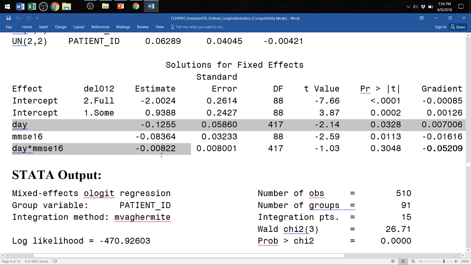More negative, or stronger, bigger, right? Even though it becomes a smaller number on the number line, it's a bigger effect. It's a more negative slope. So the logit of delirium decreases more the more with it you are, non-significantly.